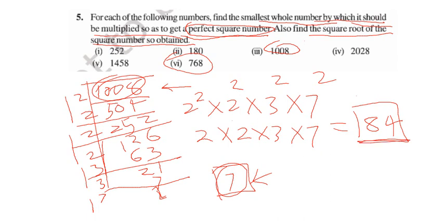So this is sub question number 3. In the same way we can do sub question number 6, 768.